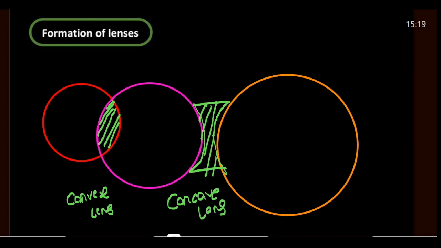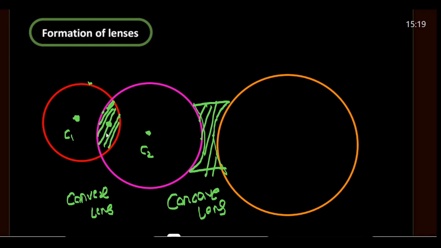Now the terminology is that here, if you take this curvature, then this is the center of curvature. And if you take this other curvature, then for this curvature, this is the center, right? So for this lens, C1 and C2, two centers will be there for a lens, and also two radii.